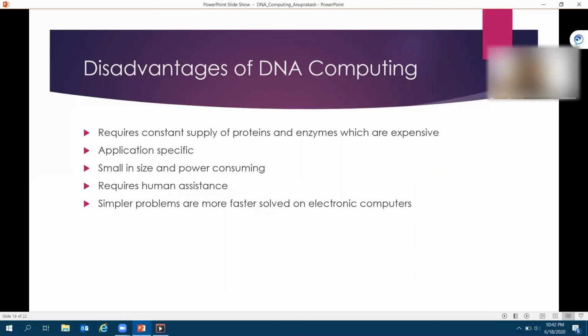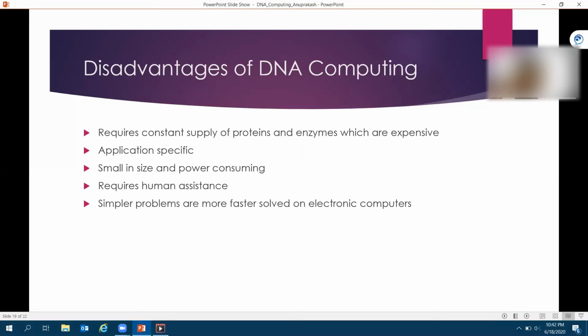We just saw the Hamiltonian path problem, how it can be solved using DNA computing. When we consider this problem, since it contains only 5 points, DNA computing does not look very feasible for this problem. But consider a scenario where there are 100 points. Will it be feasible to solve that using traditional semiconductor based systems?